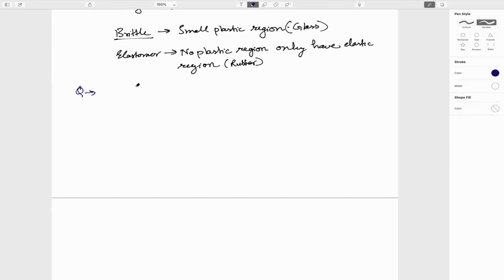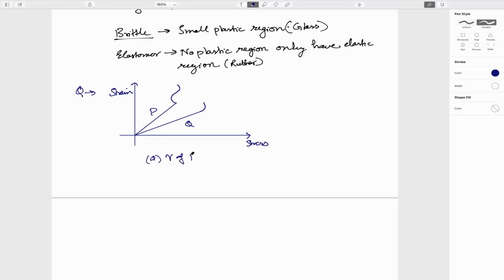The question is: the plot is given for two materials, P and Q, strain versus stress. It is something like that, that is P and that is Q. Options are: gamma, Young's modulus of P is more than that of Q; P is more brittle; P is more ductile; and P has more tensile strength.